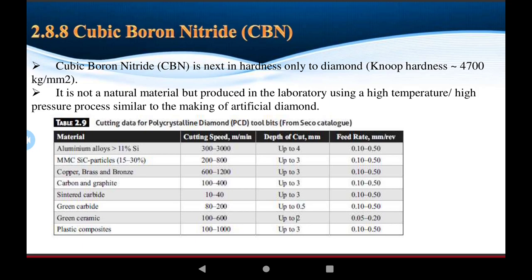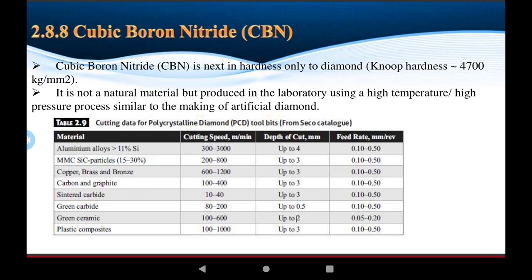I will discuss a comparison with other diamond materials, the artificial diamond materials. For aluminum alloy, the composition is less than 11% silicon. The cutting speed of this tool material is 300 to 3000 meters per minute.